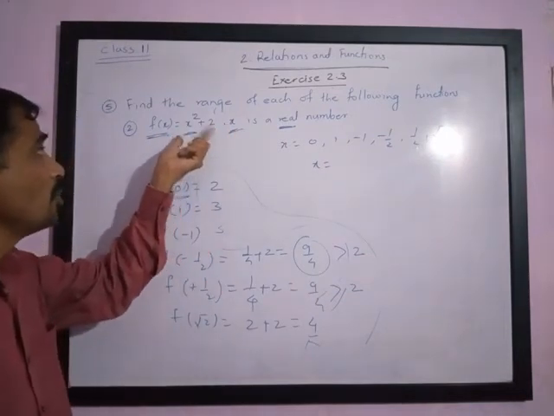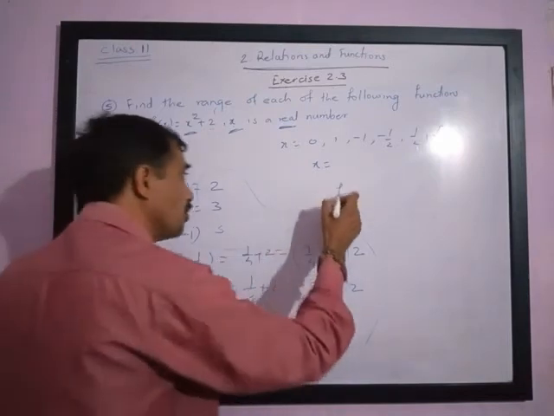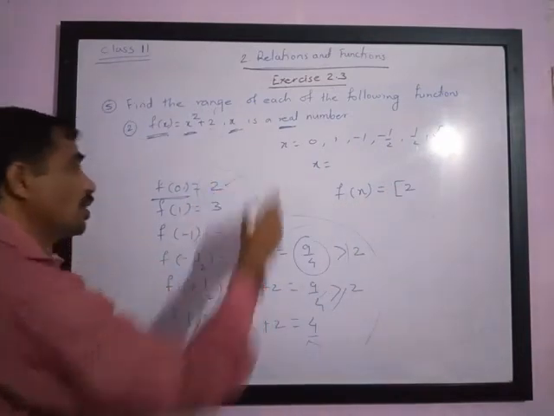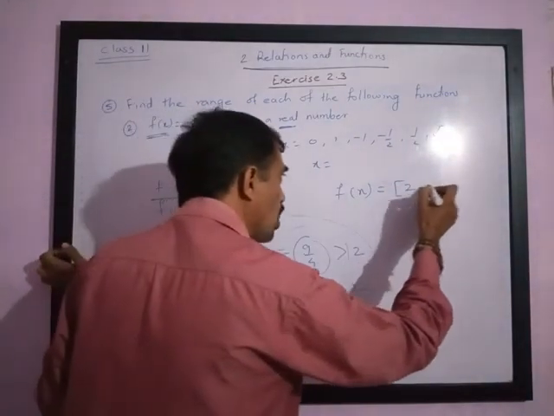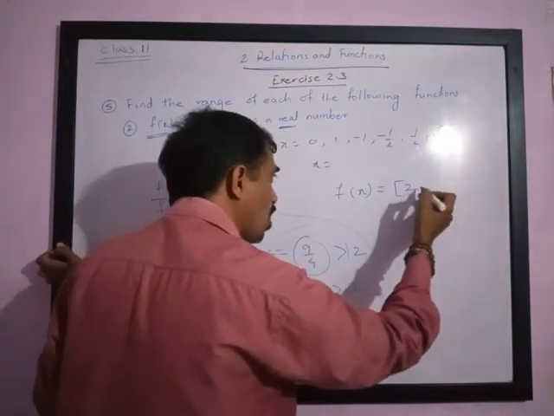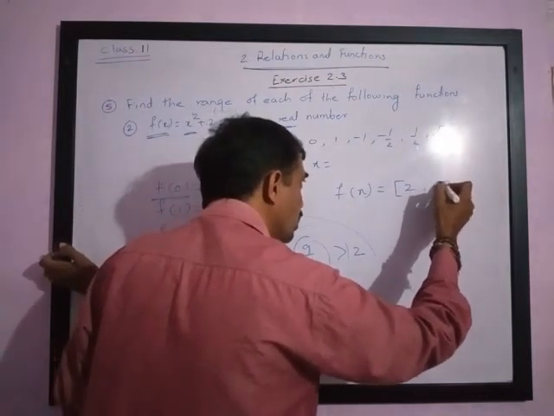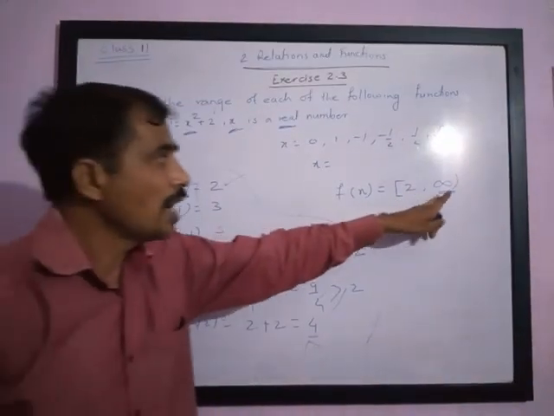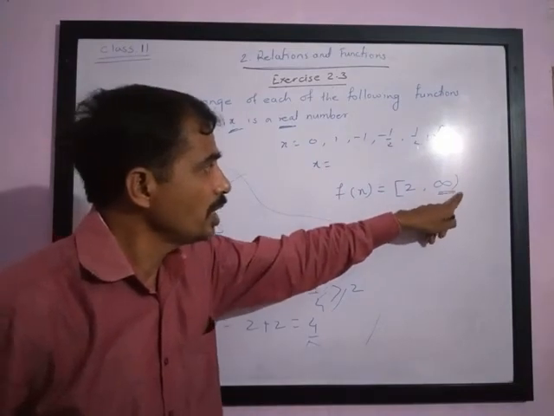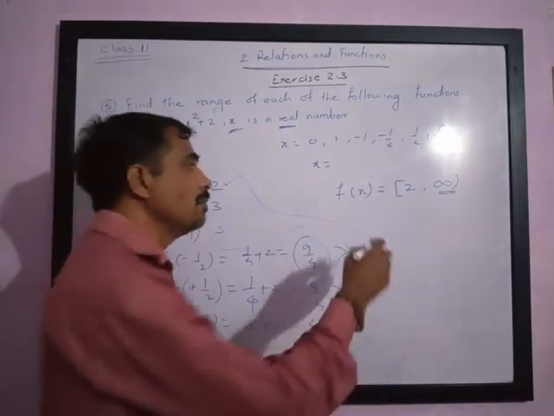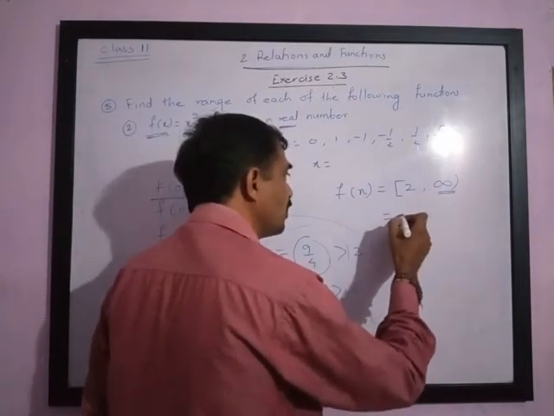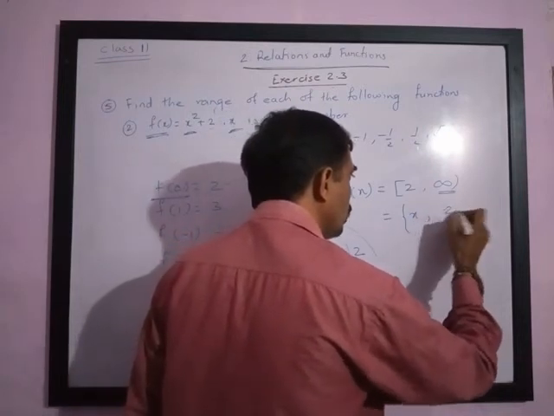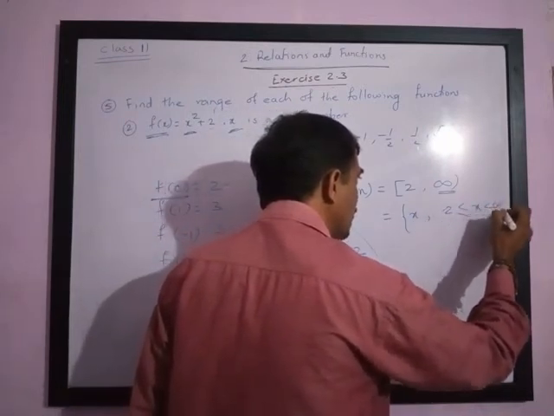So f of x can have the values right from 2, to all the rational and irrational numbers, that is all the real numbers, up to a very large number, but infinity is not included since it is an undefined number. So I have shown this by a round bracket. It means infinity is not included, 2 is included. Or the range can be written as a set of x such that 2 is less than or equal to x is less than infinity.